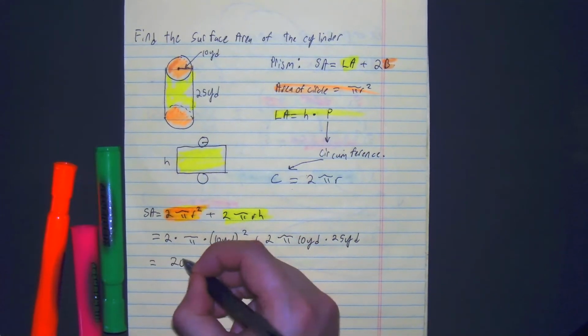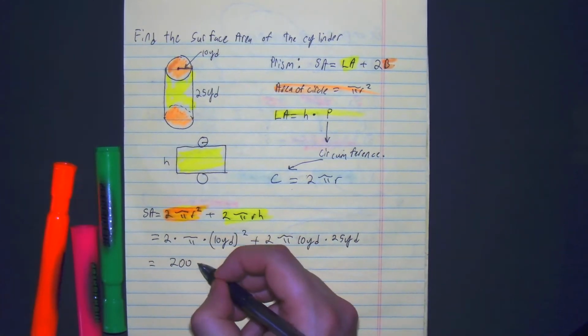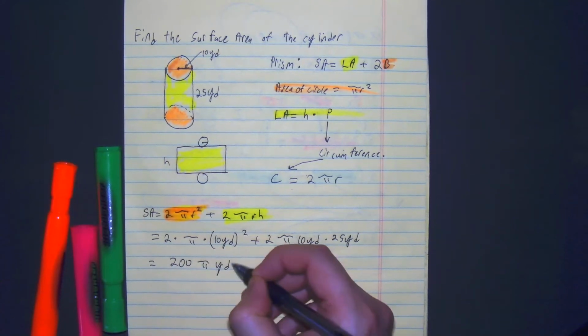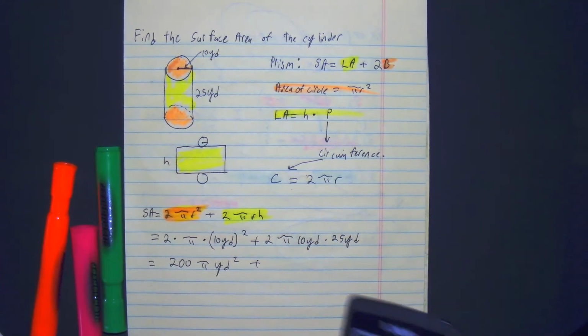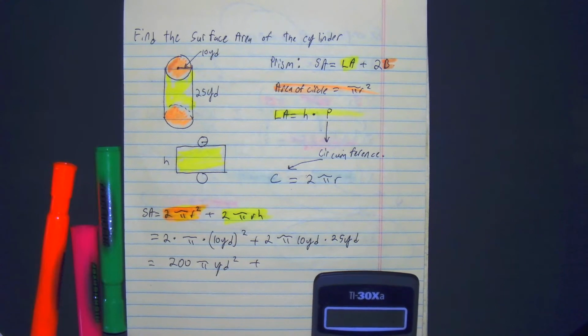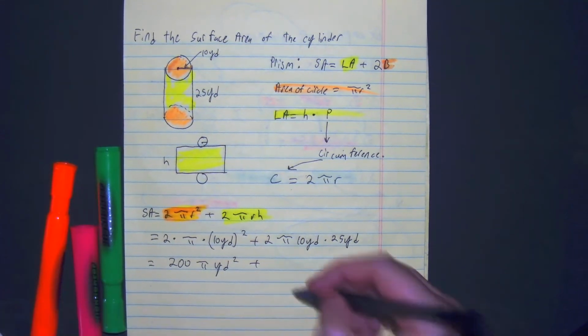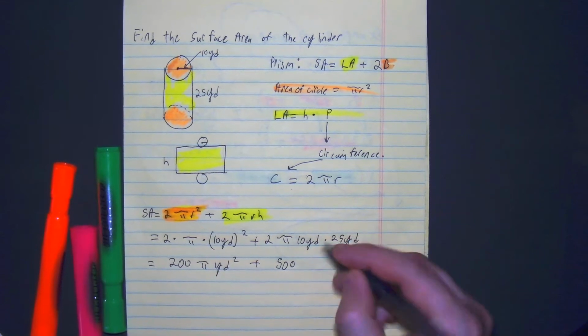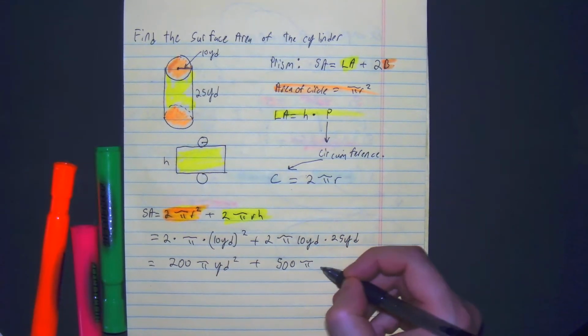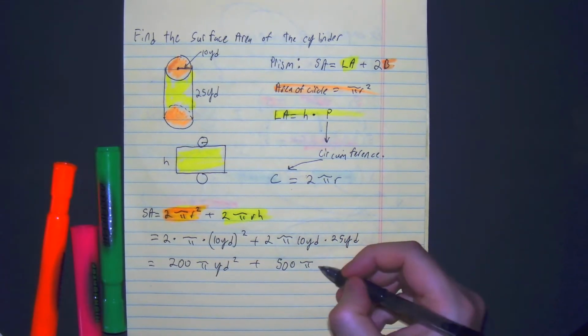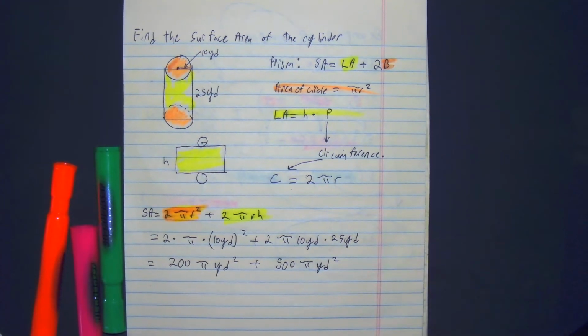So we're at 200 pi yards squared plus, 25 times 10 is 250, times 2, we get 500 pi yards squared.